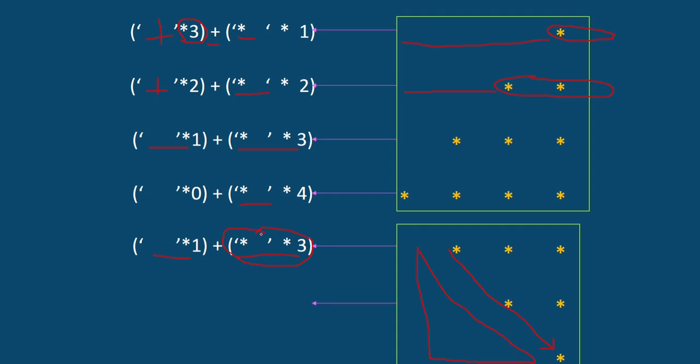Sixth line, there are 2 into 2, 4 spaces appended with 2 star space character. In the seventh line, there are 6 spaces appended with single star space character. Let's move to Visual Studio Code and execute this pattern.